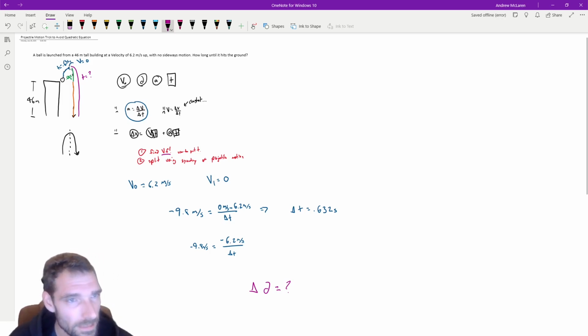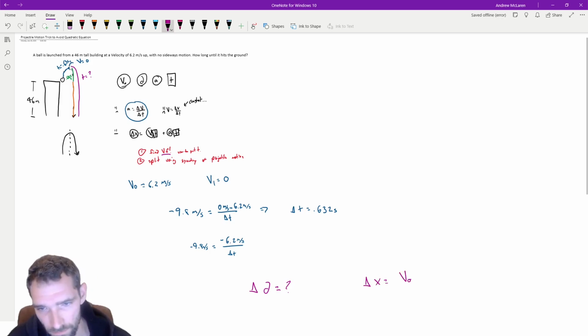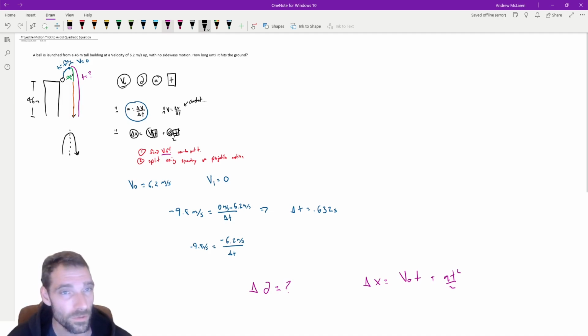The reason that we're doing that is because if we have this change in x formula, v naught t plus a t squared over 2. Actually, I think I forgot that part in this formula in the original problem.